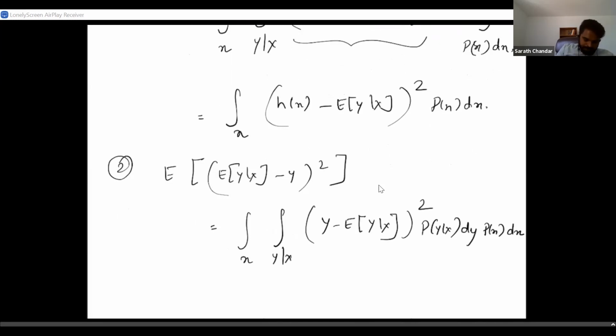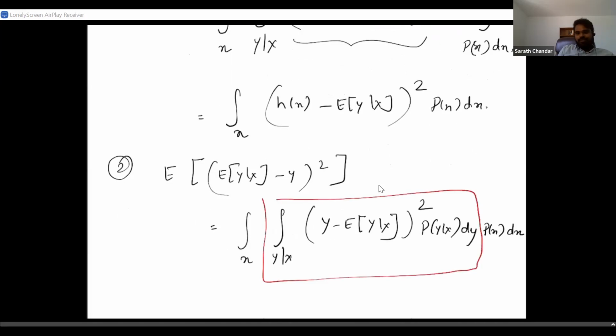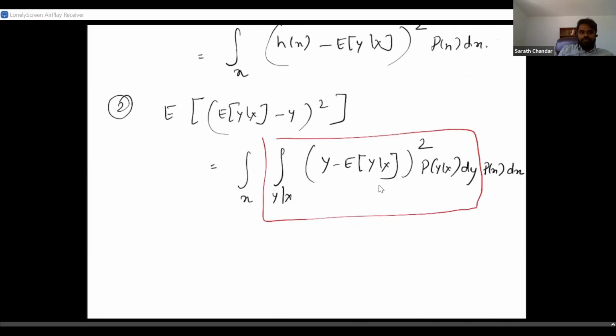Now what is this integral? Any answers in chat? This is variance. That's right, this is the definition of variance. So this is the variance of y given x. So this is simply the integral over x of Var(y|x) p(x) dx.